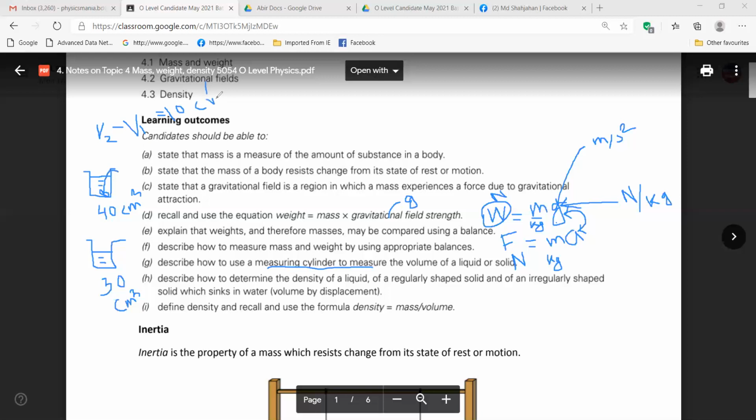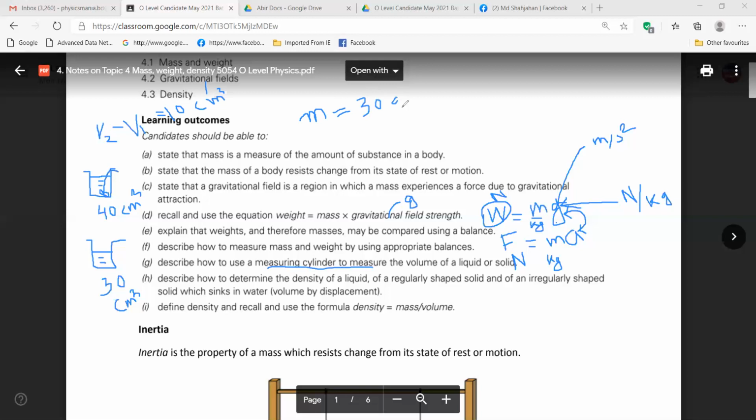Now you can find the density, right? How? Density equals mass by volume. Before giving this stone in the water, you will measure the mass using the balance, right? Then your mass is there. For example, your mass is 30 gram. Then what is the density?